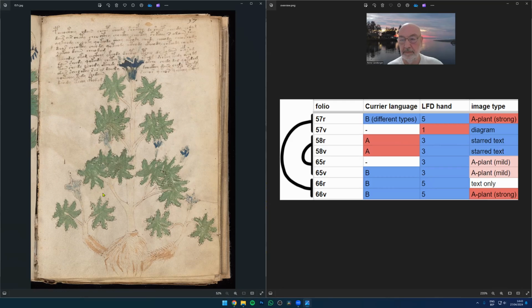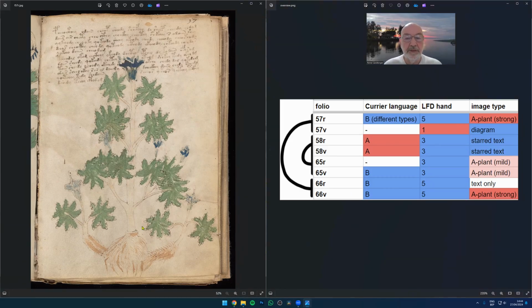So that does seem to kind of corroborate both of our observations that there are two groups of plants with kind of an intermediate section, which is what we say, and you say, well, there are also two languages with an intermediate section, more or less, or at least a group of B folios that are not as much B as the others, and that can be seen as kind of in between. Is that correct?